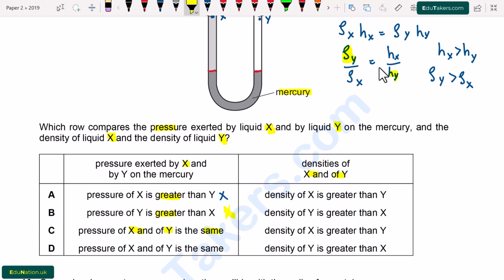The density of the X is greater than Y. We see here the density of Y is greater as compared to X. So option C is also incorrect. Option D, the pressure of the X and Y is the same. The density of Y is greater than X. So from here, option D is correct.